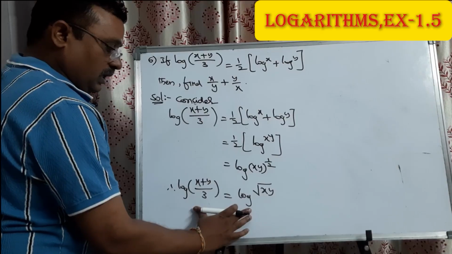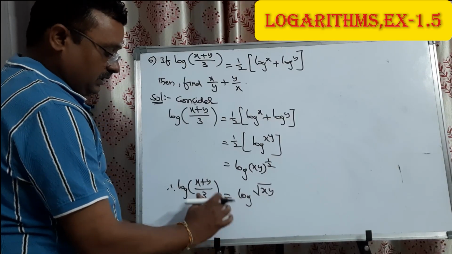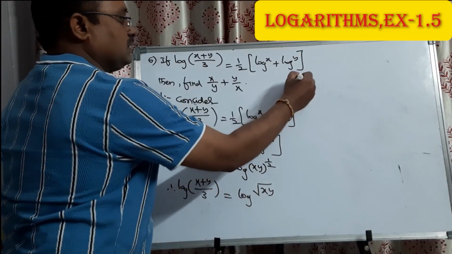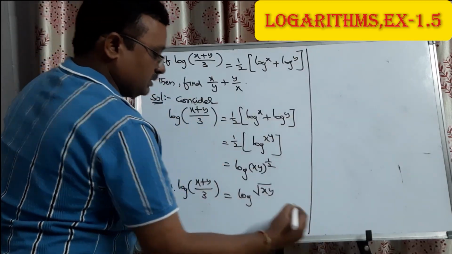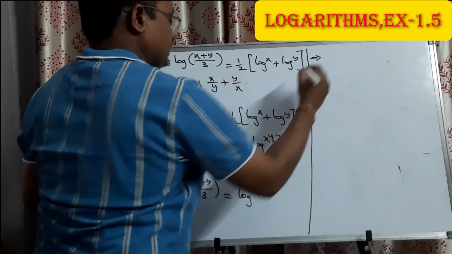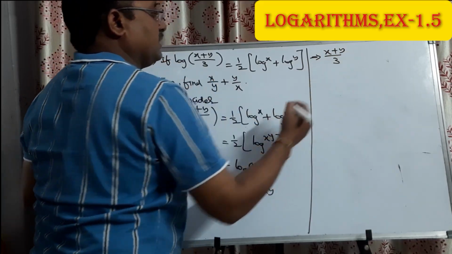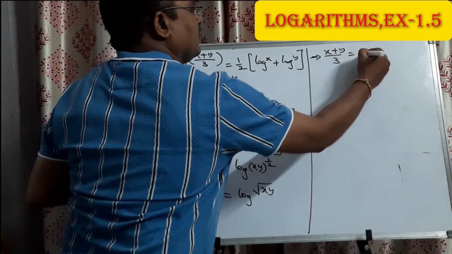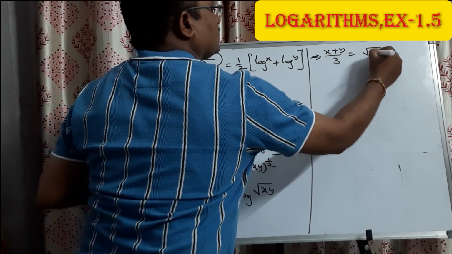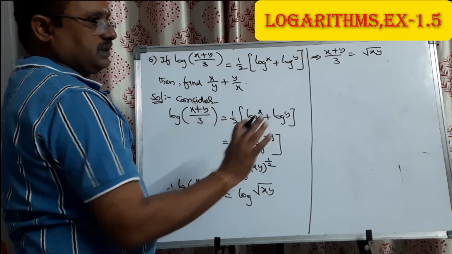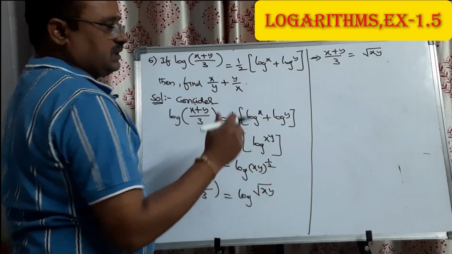If two logarithmic values are equal, then their respective logarithmic numbers are equal. That is one of the simple properties. So (x plus y) by 3 on the left side is equal to root x into y on the right side. An algebraic equation has come. Simplify it and we will get the answer.